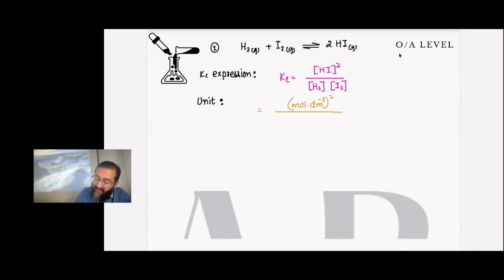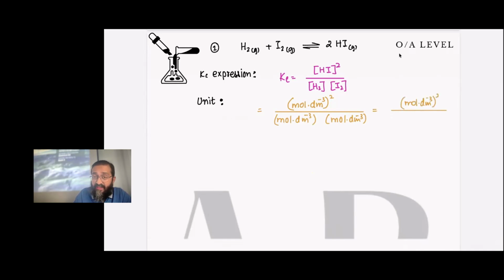In the denominator, I have concentration of hydrogen times concentration of iodine, so again I have mole per dm cube for hydrogen times mole per dm cube for iodine. If I solve it, what will I get? Mole per dm cube whole squared in the numerator, and in the denominator, as both are mole per dm cube, it also becomes mole per dm cube squared.